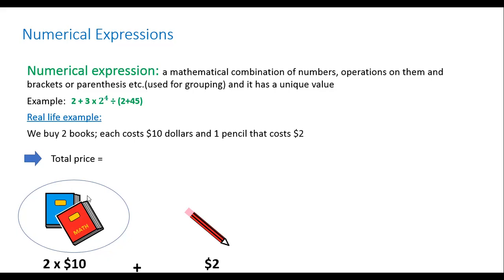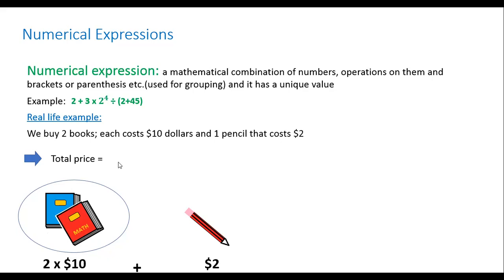So the price of the two books is 2 multiplied by 10. So we work this out and we find that it is $20. And then we do nothing but adding the value of the pen that costs $2.